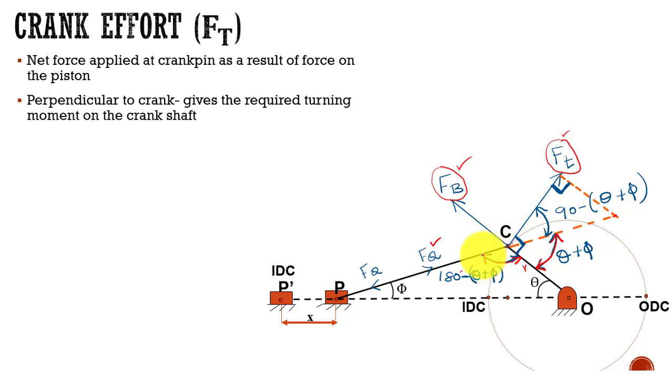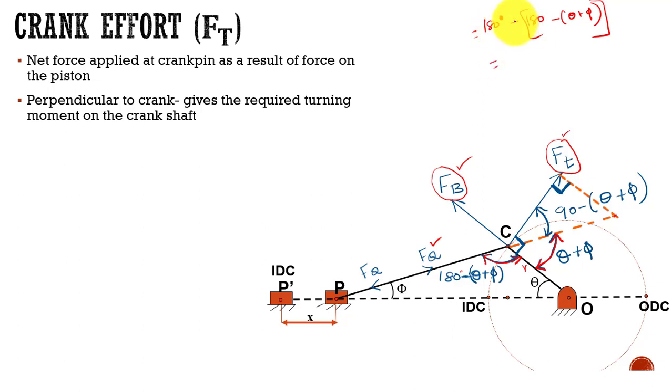The total angle in a straight line is 180 degrees. I already have an angle which is known, that is 180 minus (theta plus phi). So this angle can be found by this calculation: the total angle in a straight line, 180 degrees, minus the remaining angle, that is 180 degrees minus (theta plus phi).